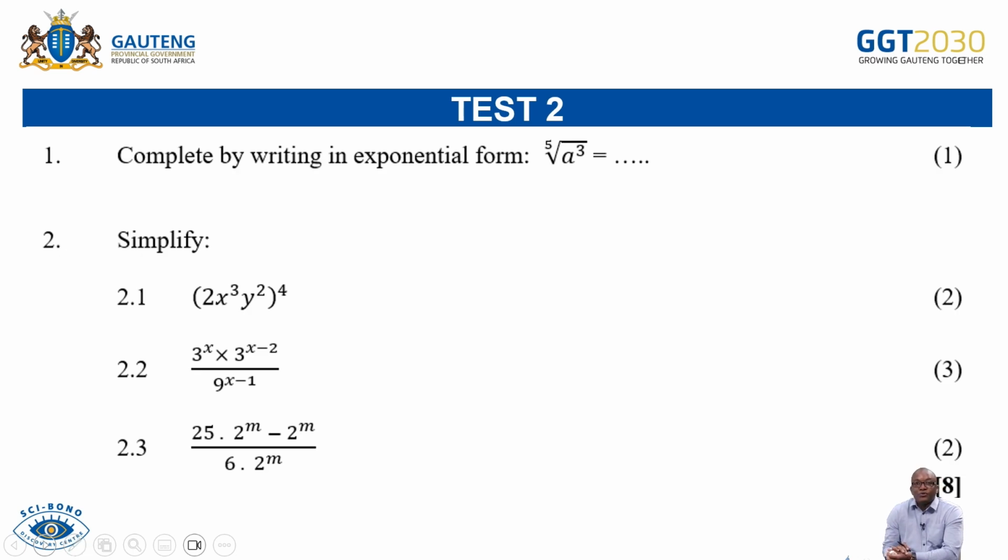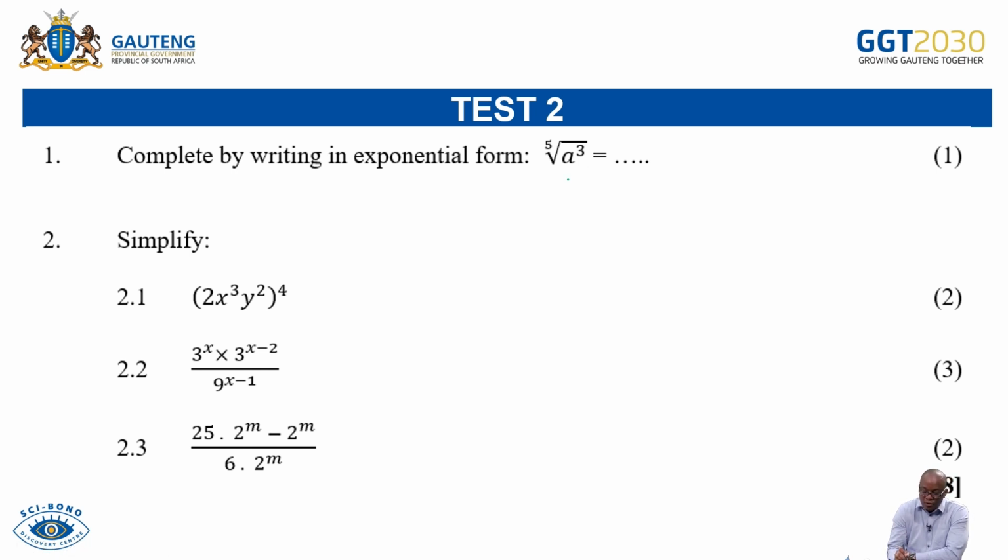Then we're looking into our second test that we wrote. It was 8 marks, which is the short test because it was only for a week. But now we need to complete by writing in the exponential form. I think that one is a basic rule of rational exponents where you need to change that.